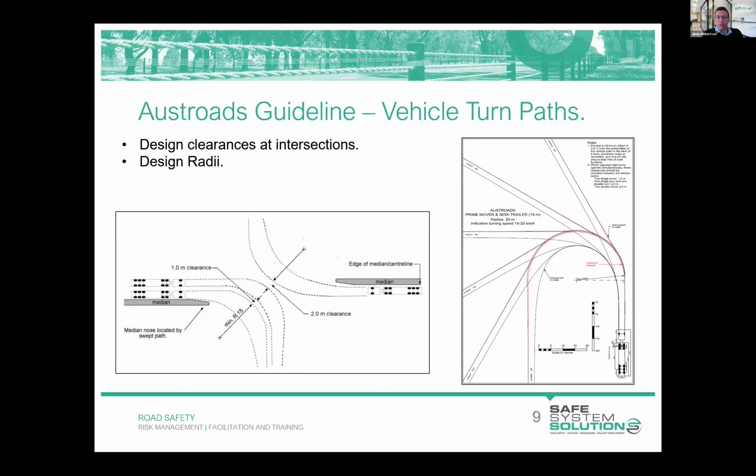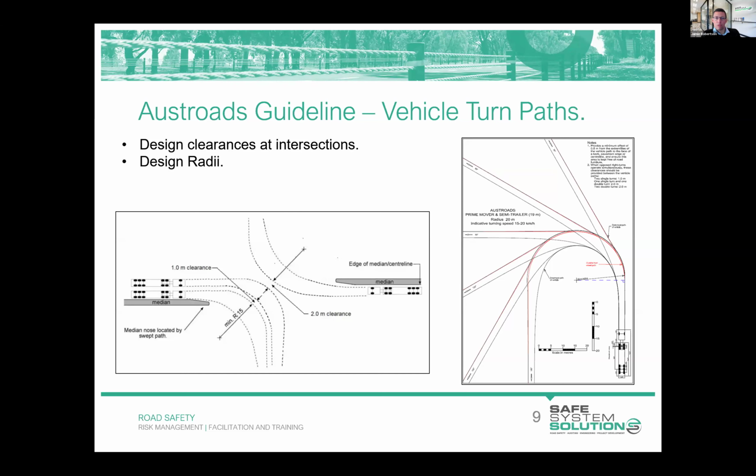Look, as far as radius, you shouldn't go below the nominated minimum radius. As far as speed, it's perhaps a little counterintuitive. If you increase the speed or increase the radius, you actually achieve a better swept path. The lower the speed and the smaller the turning radius, the more cut-in you get.